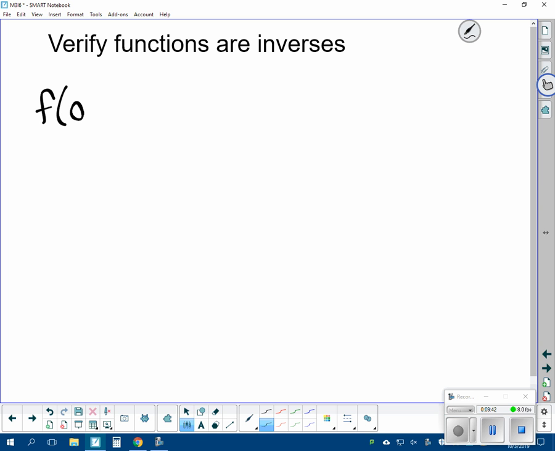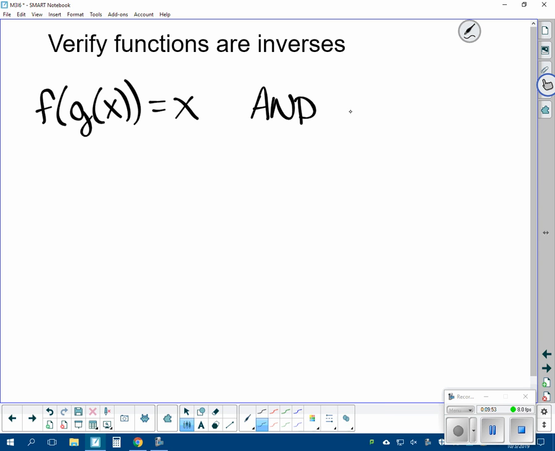Yeah, you find the composition of functions and what should it equal? And you have to be able to do it both ways. So f of g of x has to equal x, and g of f of x has to equal x. Or whatever input you plug in, the output has to equal that as well.